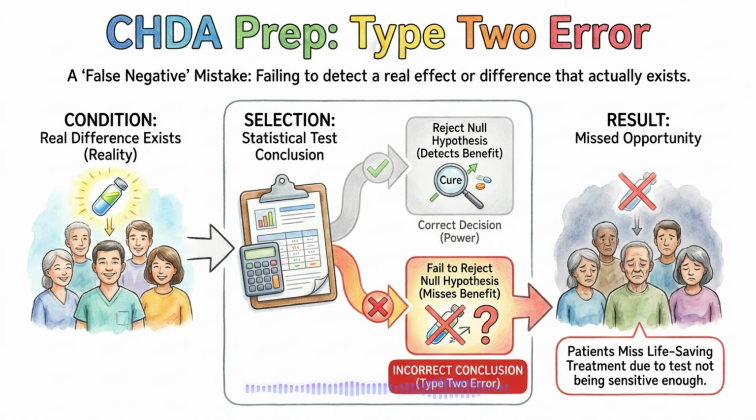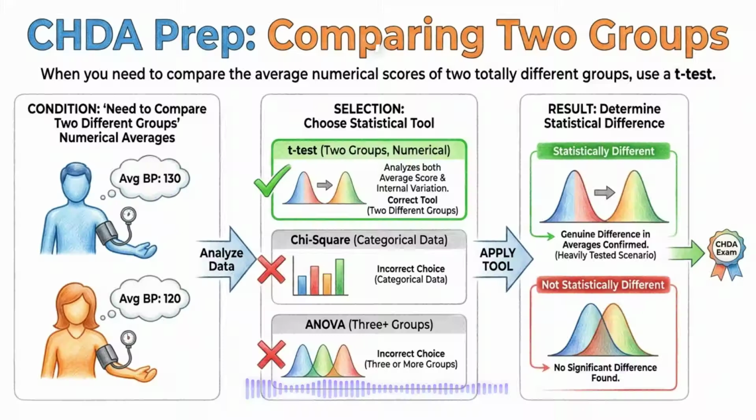clinical trials. When you need to compare the average numerical scores of two totally different groups, the standard tool you will use is called a t-test. For example, if you want to know if male patients have a statistically different average blood pressure than female patients, you run a t-test.